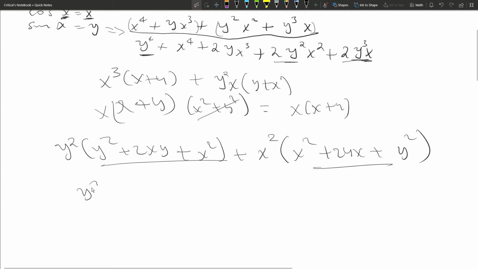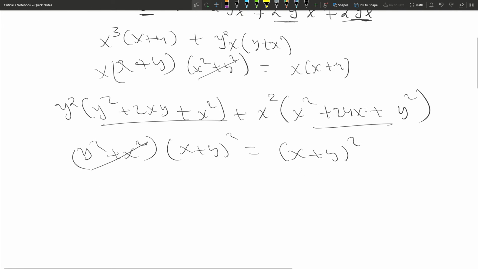And if you have noticed, this can also factor out. So what we have is y squared plus x squared times x plus y squared, and then like we said, y squared plus x squared is just 1, so we have x plus y squared in the denominator, and this is the numerator, so this cancels one of the terms there.